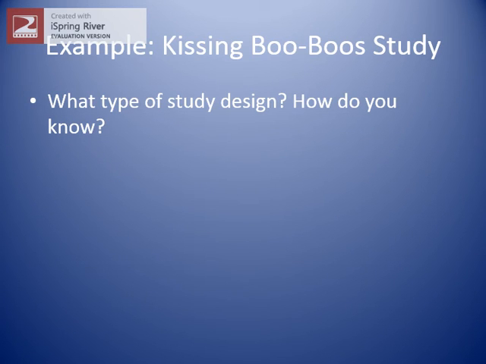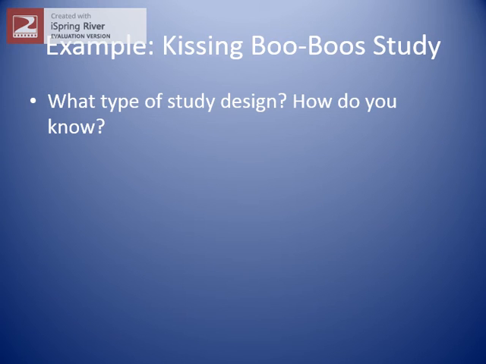The silly little study that I had you read, the Kissing Boo Boos study, was obviously not real, but it was published in a real journal because the point was to demonstrate a strong study design for a randomized control trial.